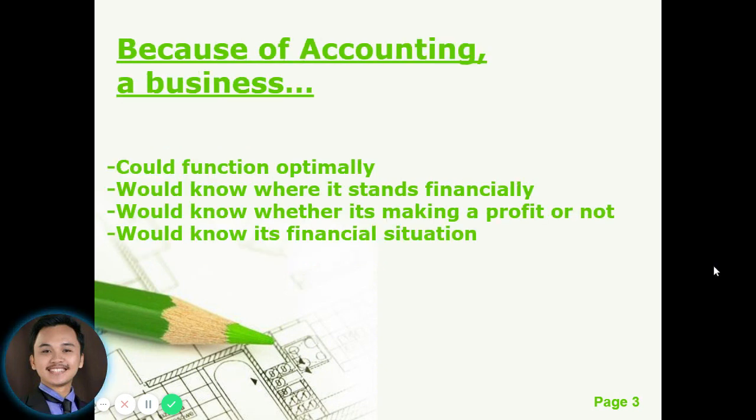Because of accounting, a business could function optimally. Because of accounting, a business would know where it stands financially. It would know whether it's making a profit or not, and would know its financial situation. First, through the use of accounting, a business could make the best out of its resources because they already know the status of the resources they have because of their records.